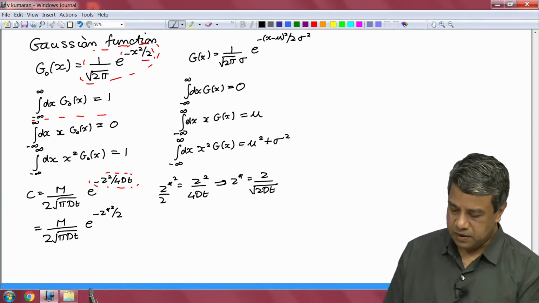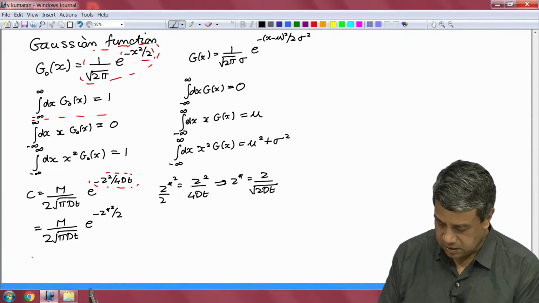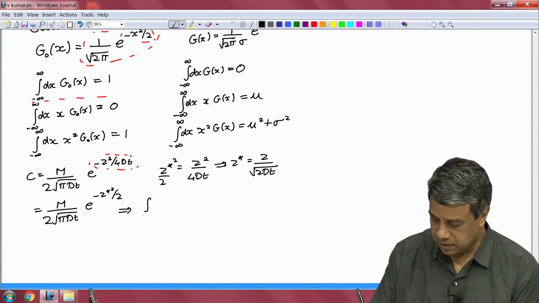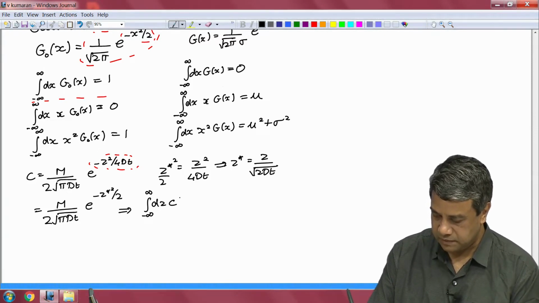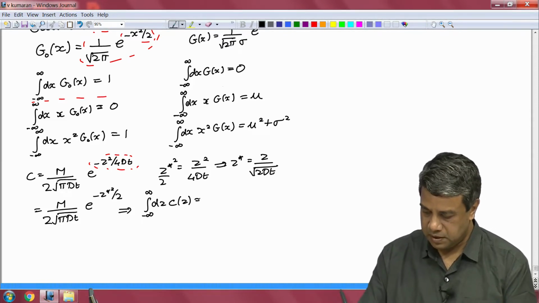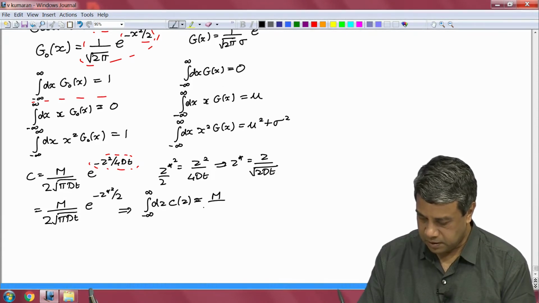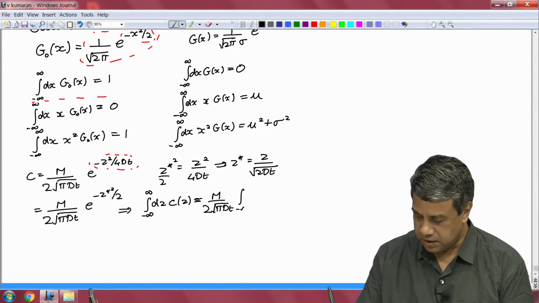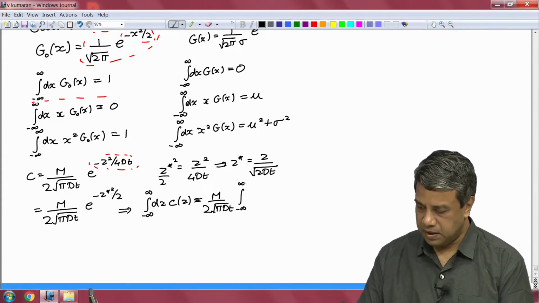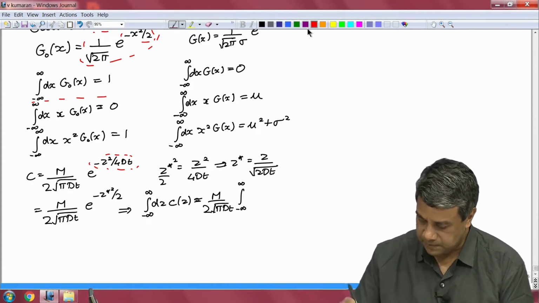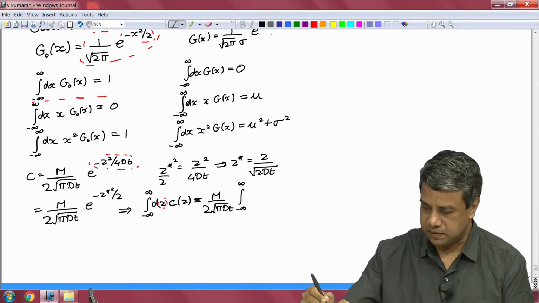And if I do the integral from minus infinity to infinity, dz times c of z, this is equal to m by 2 root pi dt, integral minus infinity to infinity. I can express dz in terms of dz star.